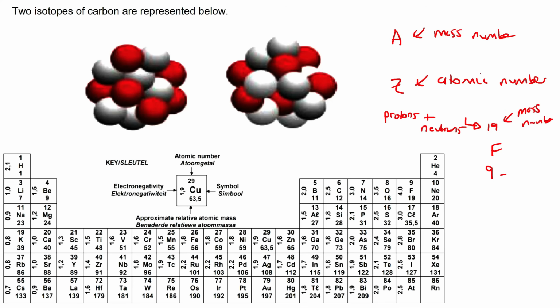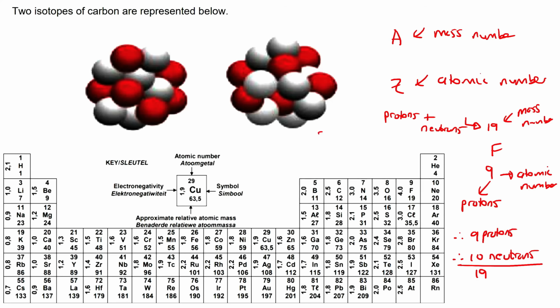This one here is called your atomic number, but it's also the number of protons. So if we look at this now, we know that it's got 9 protons and it's got a total mass of 19. So how many neutrons does it have? Well, it would have to then have 9 protons, like we said, and 10 neutrons, so that the total mass is 19. Okay?